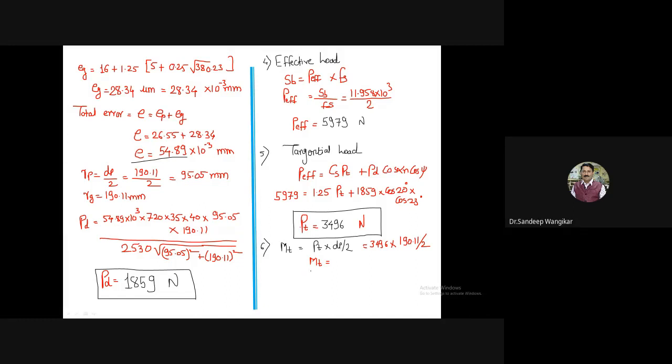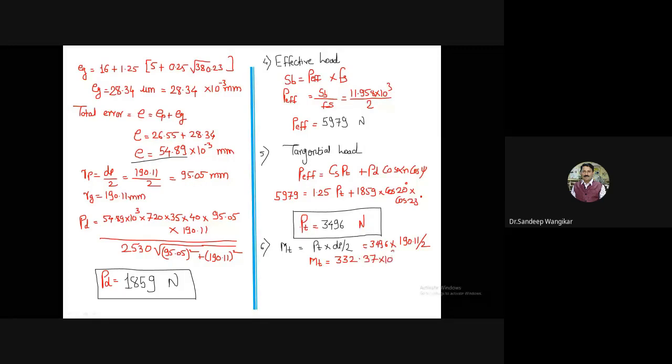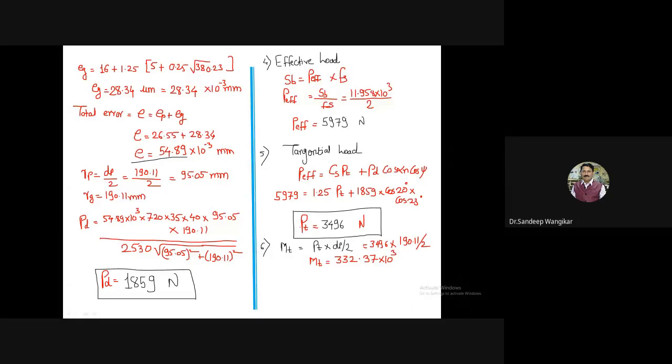Okay, any other? 332.37. Okay. Newton meter. So here I will say we are having MT is equal to 60 into 10 raised to 6 kilowatt divided by 2 pi NP. So substitute the value of MT.